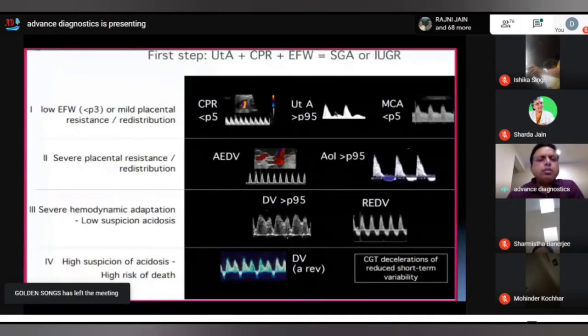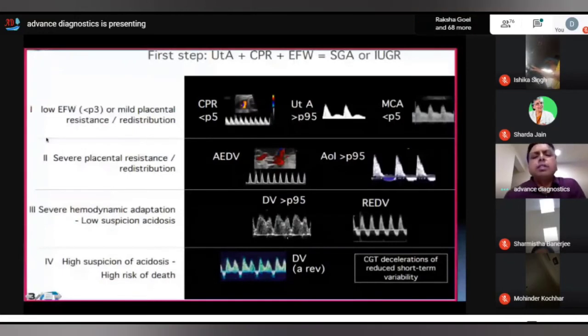Stage 2 is severe placental resistance, when we see absent end diastolic flow in the umbilical artery, or if somebody is doing aortic isthmus, then PI more than 95th centile.